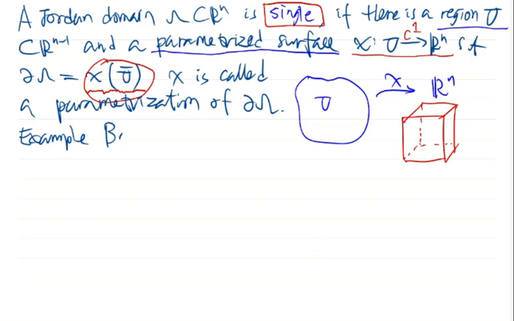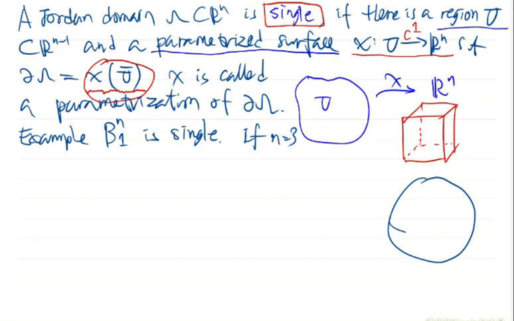Balls are single. For example, for the 3-dimensional case, for our 3-dimensional ball, we can use spherical coordinates.